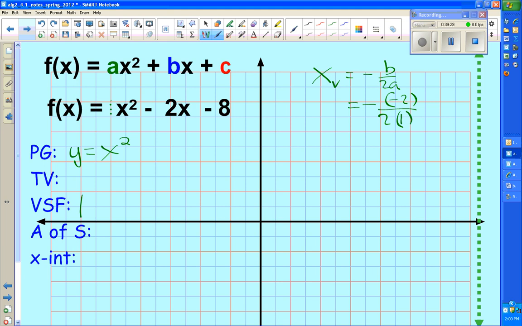The kids who get it wrong will do this in their head, and they're going to make mistakes with it. The opposite of -2 is 2 over 2. X coordinate of your vertex is 1. Write it down. Don't be in a position to make a careless arithmetic mistake because you want to do this in your head.